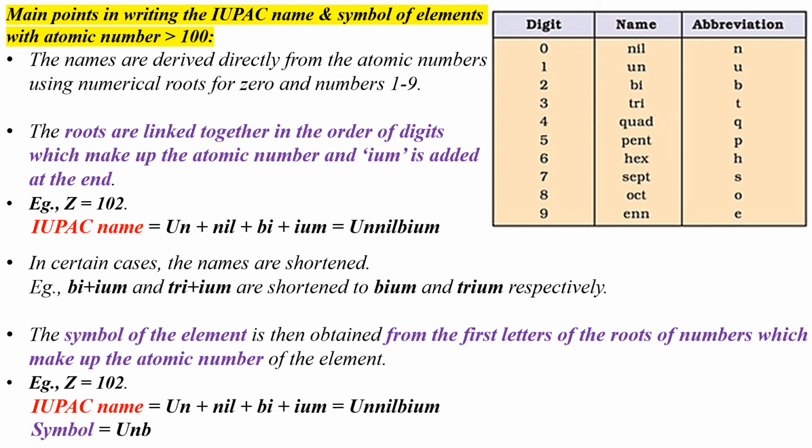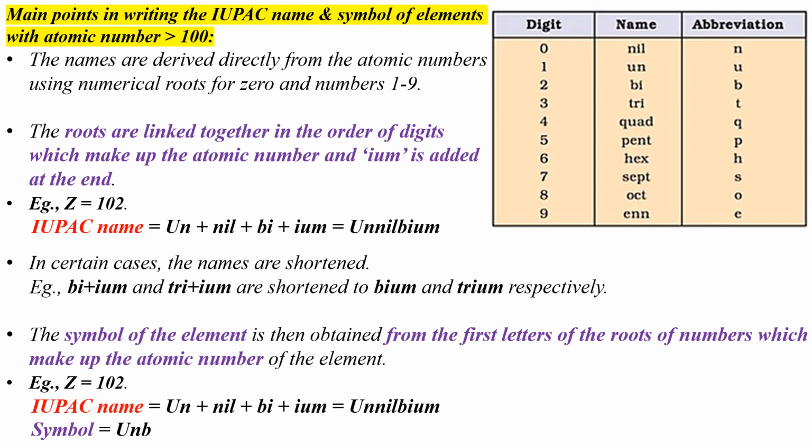Okay. In certain cases, the IUPAC names are shortened. For example, when we tried to write the IUPAC name of the element 102, we noticed the root bi and the suffix IUM. Didn't we? If they were linked together, we would have had unnilbiium with two I's as the IUPAC name.